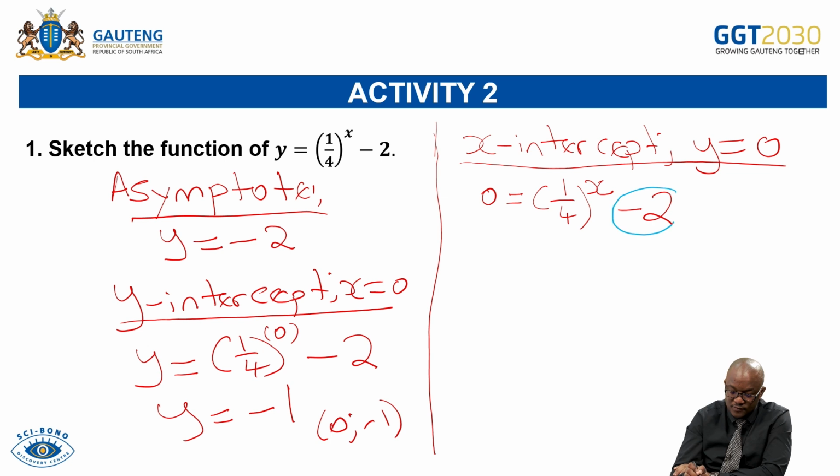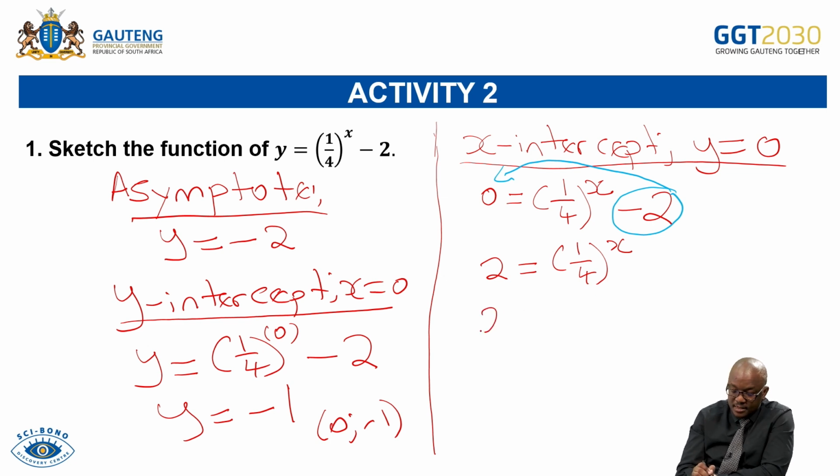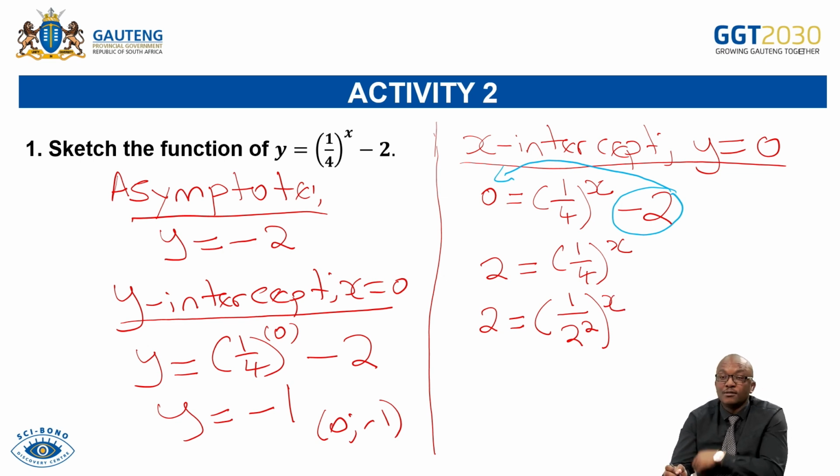We take -2 and transpose it, and we get +2 is equal to 1/4 to the exponent of x. So in this case, we can say 2 is equal to 1/2 to the exponent of 2. Correct? We know that that is the prime factor of 4.